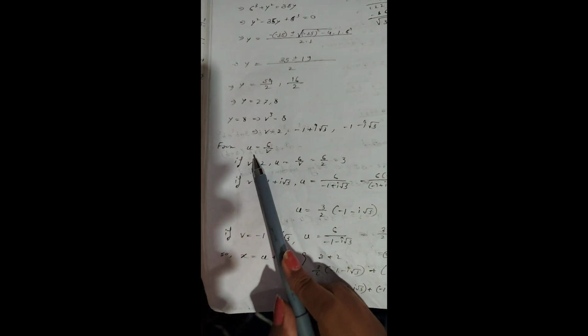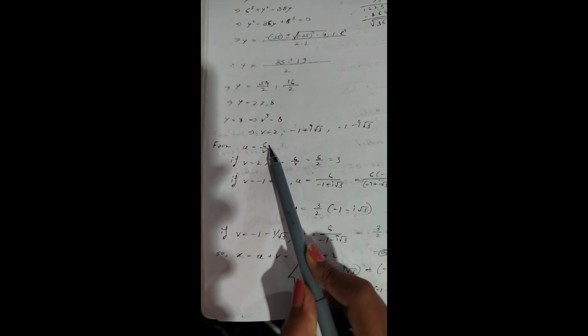And from u is equal to 6 by p, if p is equal to 2, u will be 3, and if p is equal to minus 1 plus i root 3, then u will be 3 by 2 into minus 1 minus i root 3.